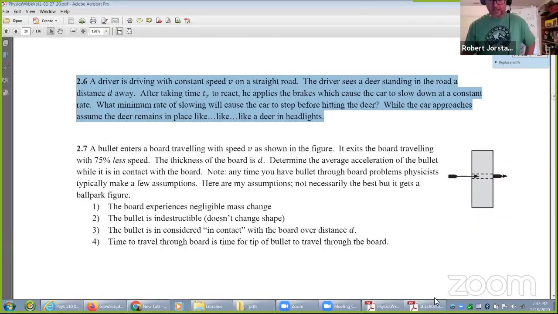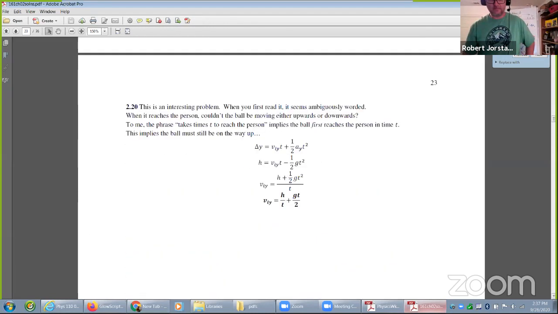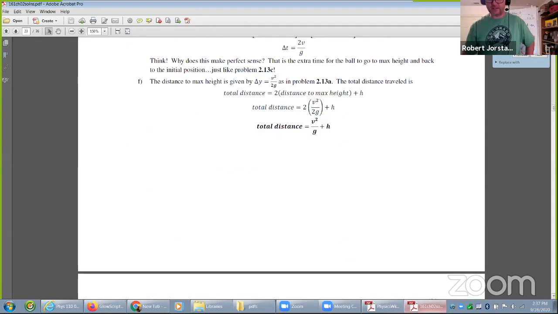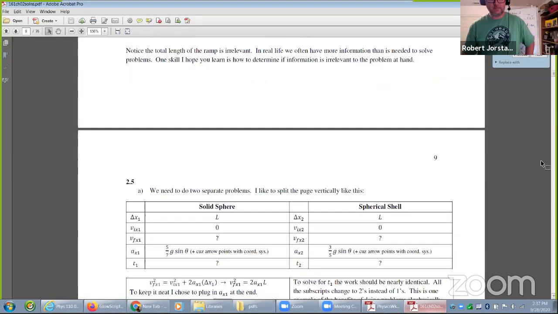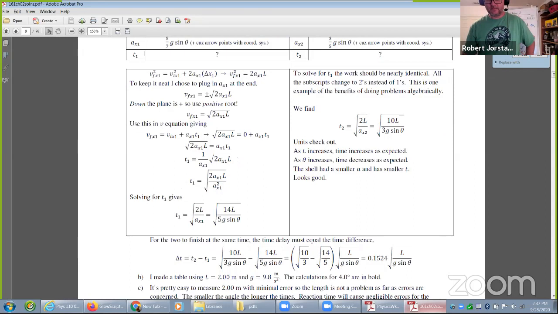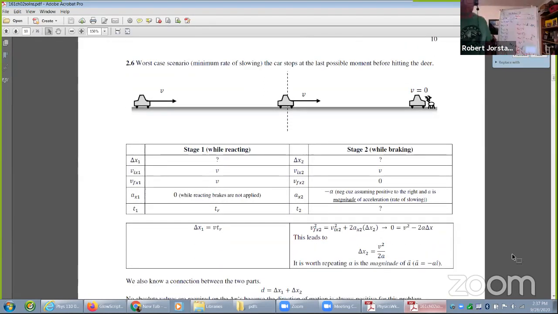All right, let's go take a look at this solution here. What was this, 2.6? There we go. So this is kind of pretty similar to what we were just working through.